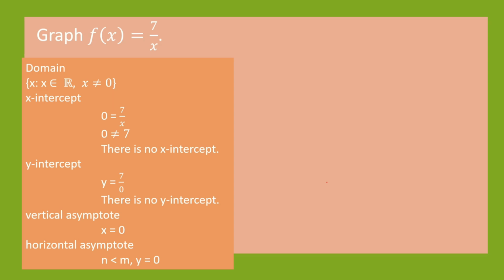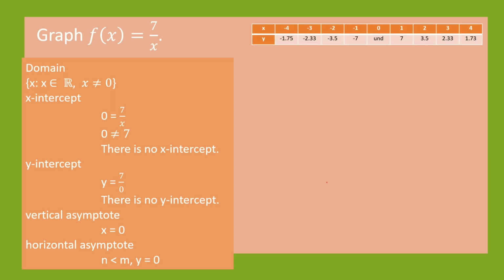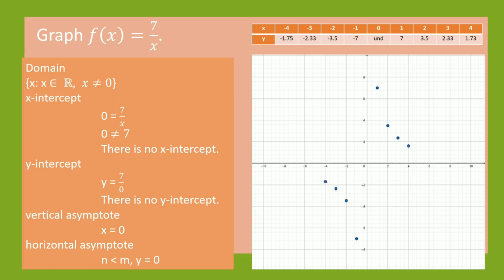To graph the function, we can use a table of values. So for instance, I use the x values of -4 up to 4 and solve for y. You can then plot the values in the Cartesian plane and you are going to have this rough sketch.